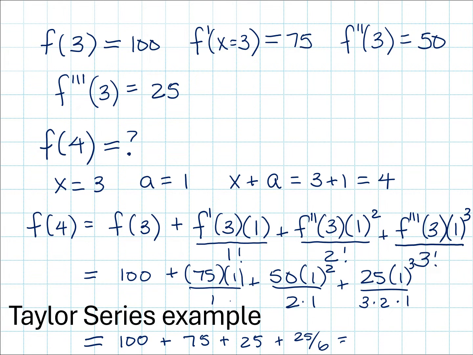Altogether, I'm going to get a value of f at x equals 4 equal to 204.1667. So each term in the expansion becomes smaller and smaller. Each one gets me closer and closer to the true value of my function when x is equal to 4.